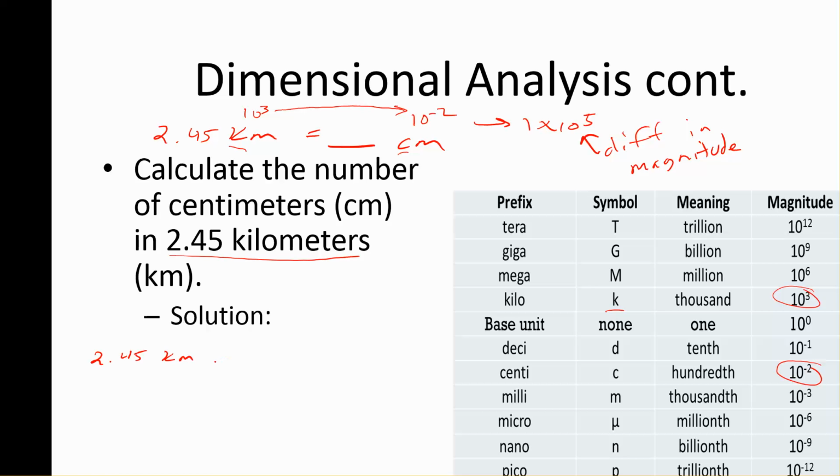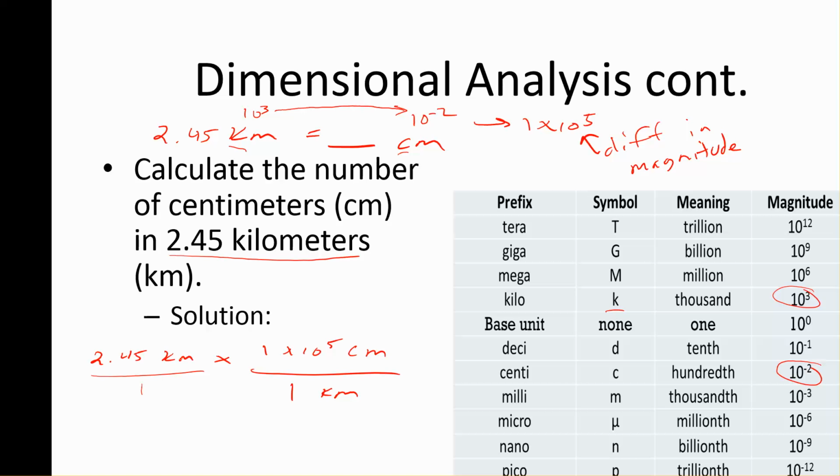And I'm going to multiply that by my difference in magnitude. So it's going to go on top. So 1 times 10 to the 5th cm over 1 kilometers. Like I said before, why do you put that 1 on the bottom? Because you need to show that you're converting from kilometers to centimeters, right? And we can even picture this as an over 1 if you want.